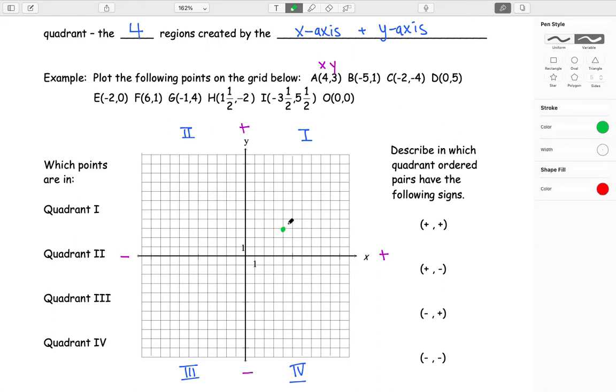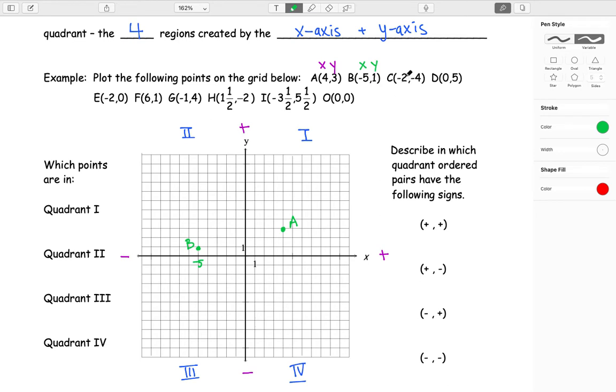This is point A, (4, 3). What about letter B? Letter B is (-5, 1): we move to the left by 5 and then go up 1 step. So I go left 5 steps, this is -5, and then up 1 step. This point is letter B.